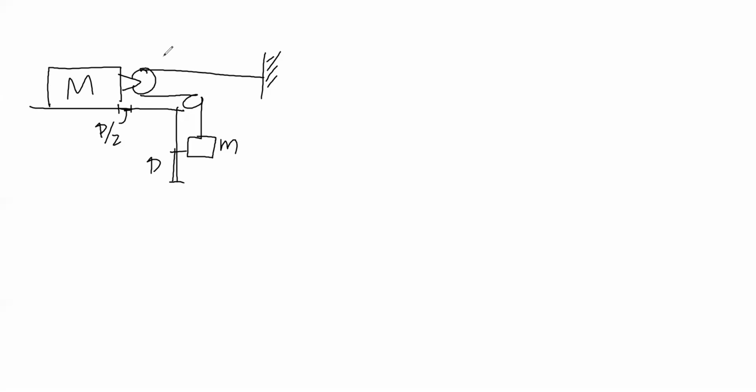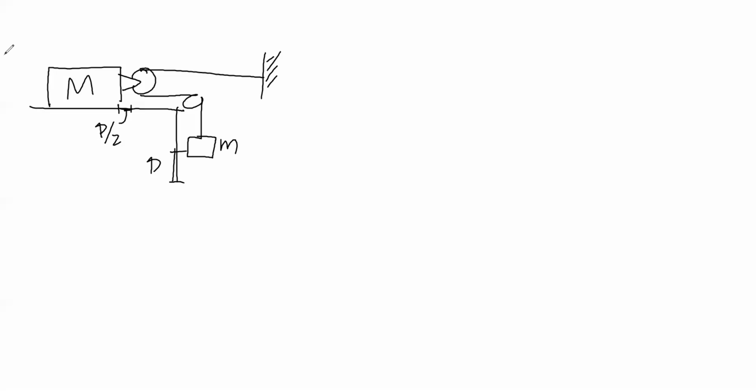That's because only half of the rope that moves a distance d wraps around the pulley when m goes down the full distance. And so that's going to change the accelerations.